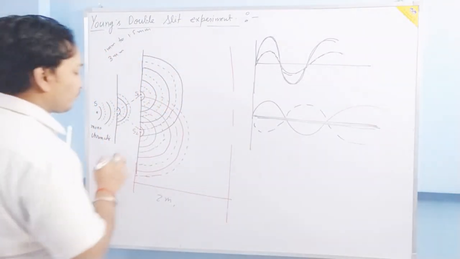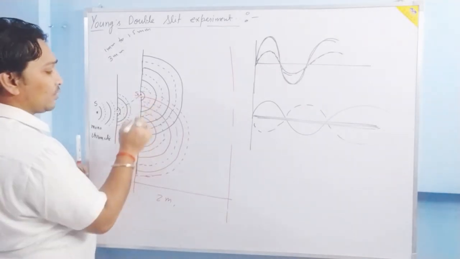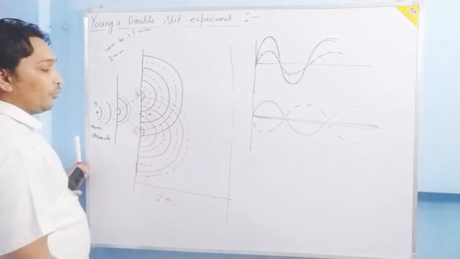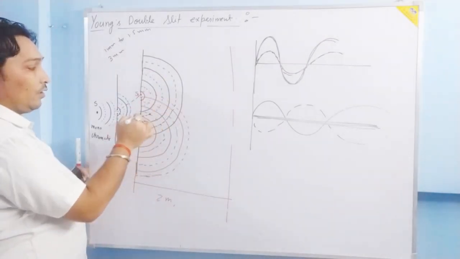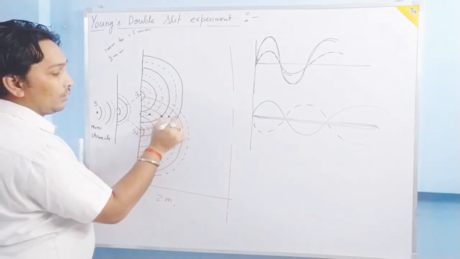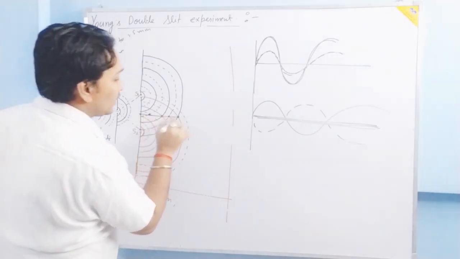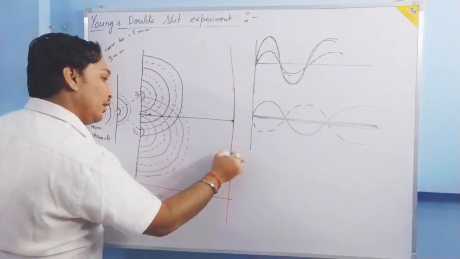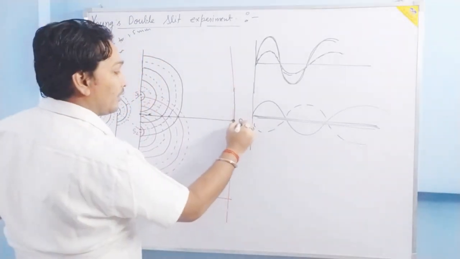Just see, just between S1 and S2, somewhere here, if you are able to see, we are having a meeting point over here, trough of the first one and trough of the second one. Here, here, here. So if we make this meeting point in front of the screen, here we have a bright light.